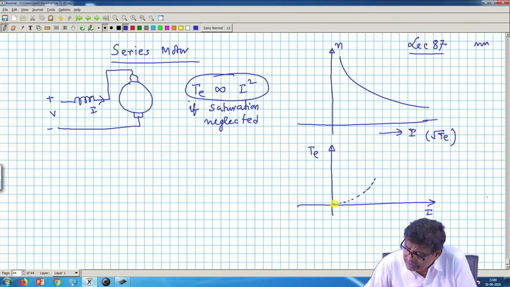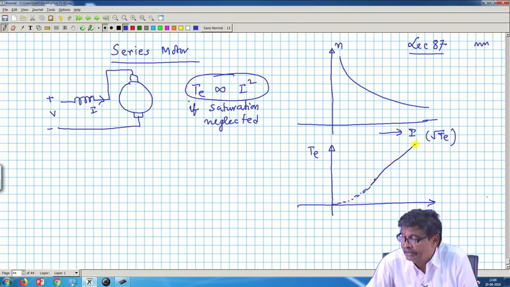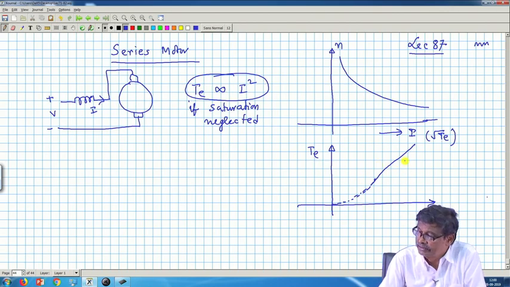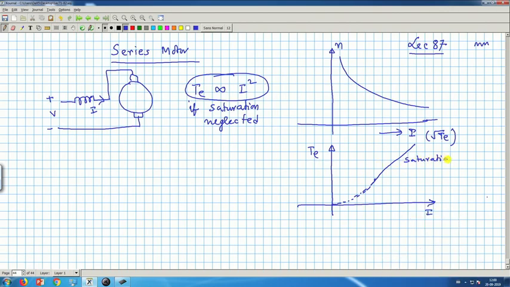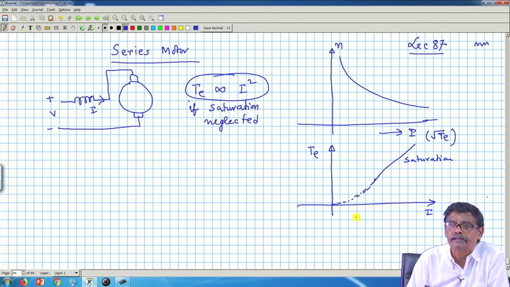So at large value of I A, it will be almost like a straight line after saturation has taken place. If you say no saturation, it will go on increasing parabolically. So, that is the torque versus I characteristics.